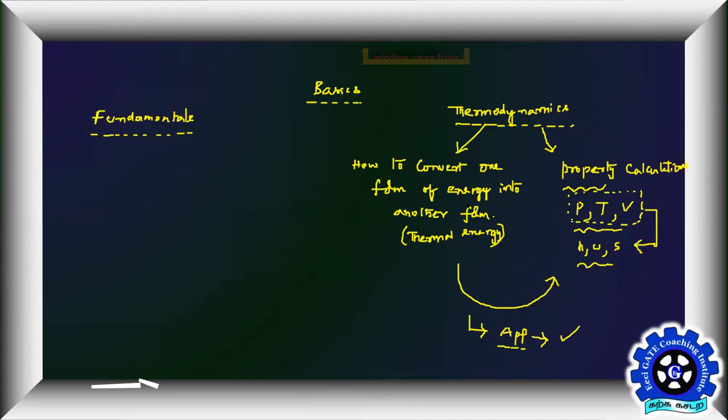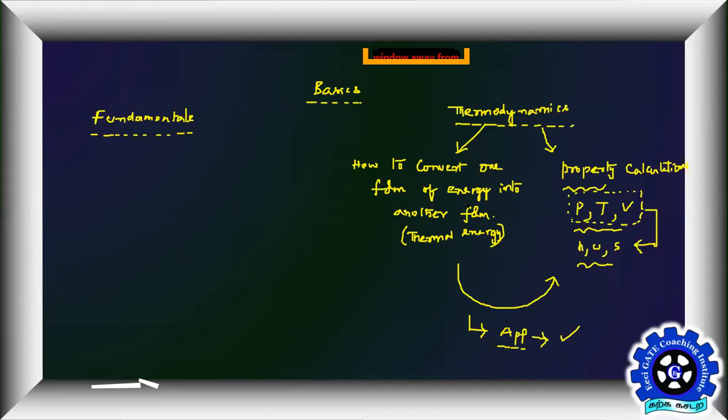Knowing your first part like energy conversions, knowing the second part like property calculations, then we'll slowly develop some kind of equations between these energy and your property calculations. Then we'll jump into applications. That's the main job of your thermodynamics. Any questions? Understood the importance?